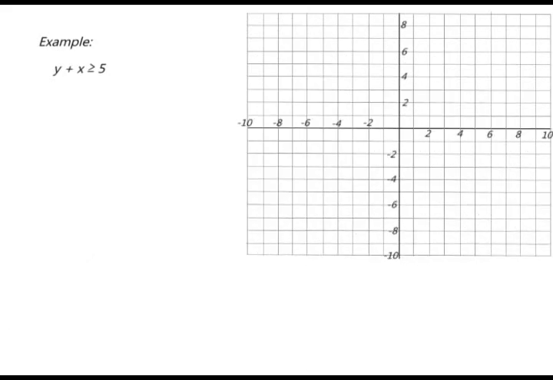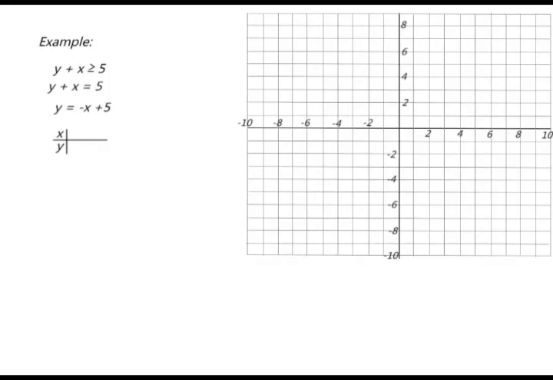Let's try another one. X plus y is greater or equal to 5. We write it as an equation. X plus y is equal to 5, but we don't forget the sign. And so in the form of y is equal to mx plus c, we shall have y is equal to minus x plus 5. We look for 2 points to help us draw the line.